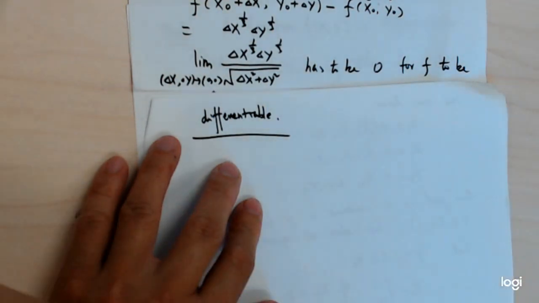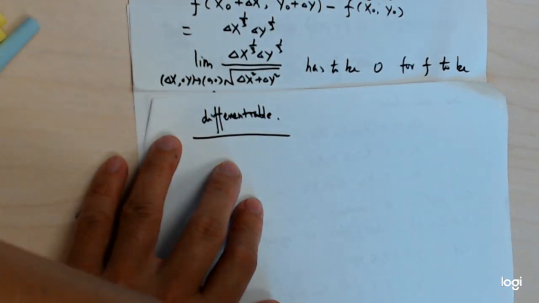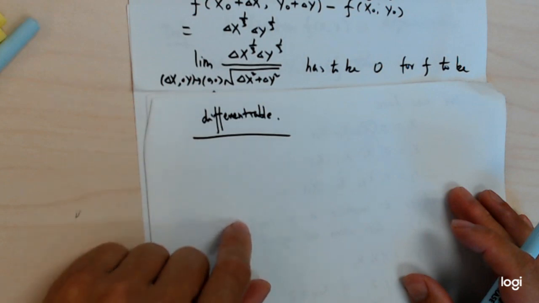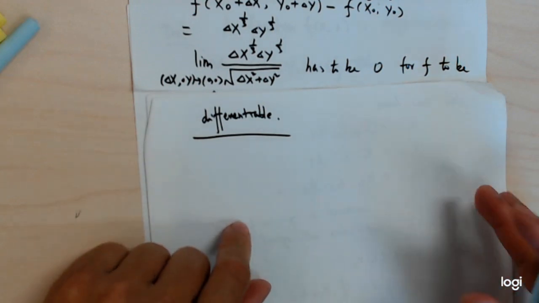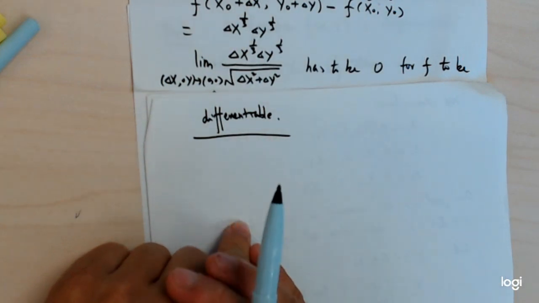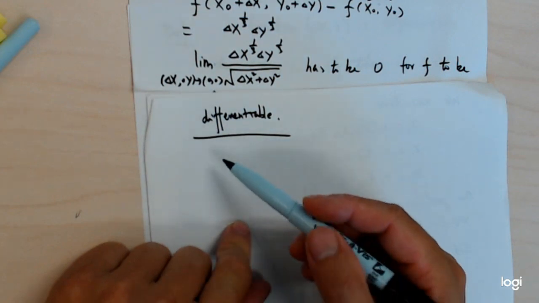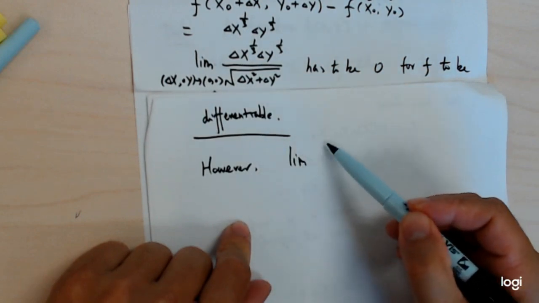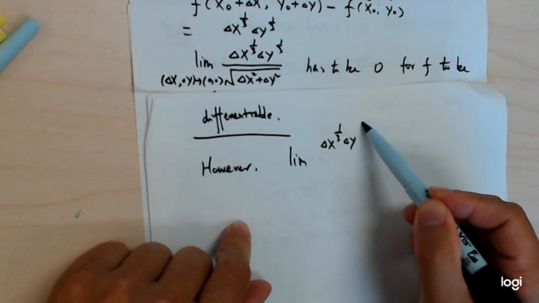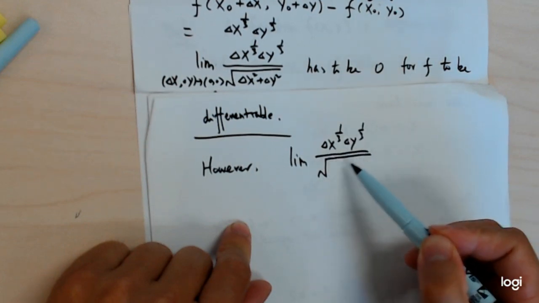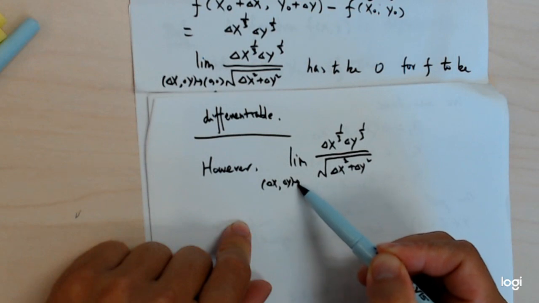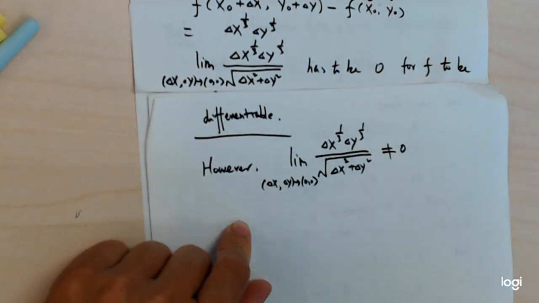Am I right? That was how we define differentiability. But is this guy 0? This is not 0.